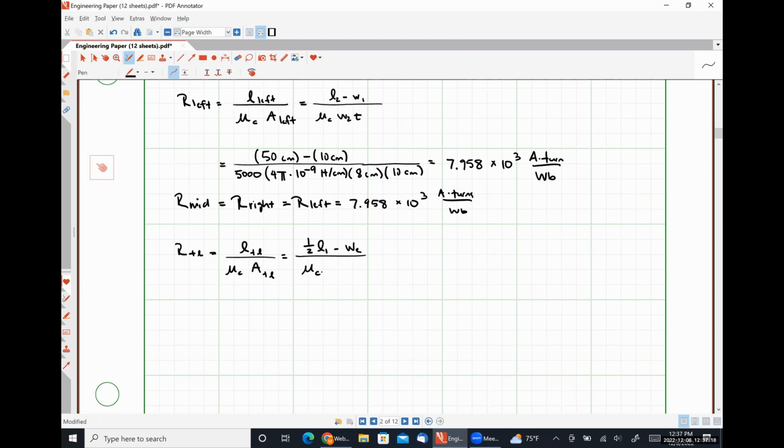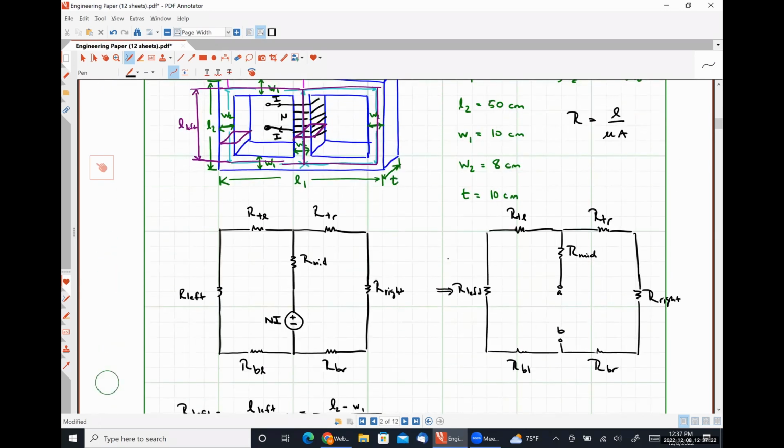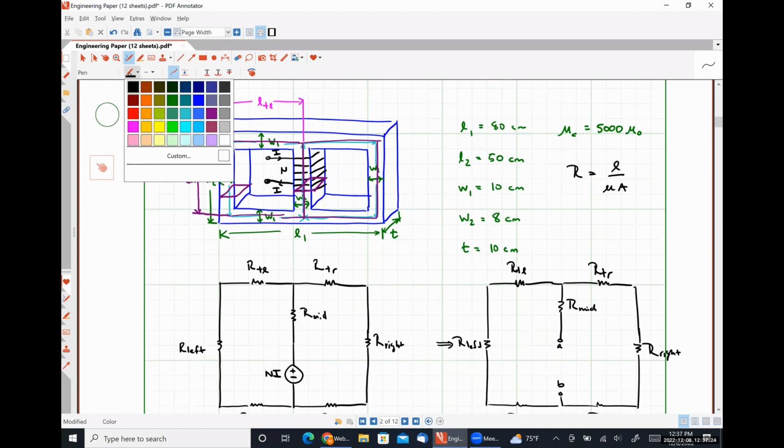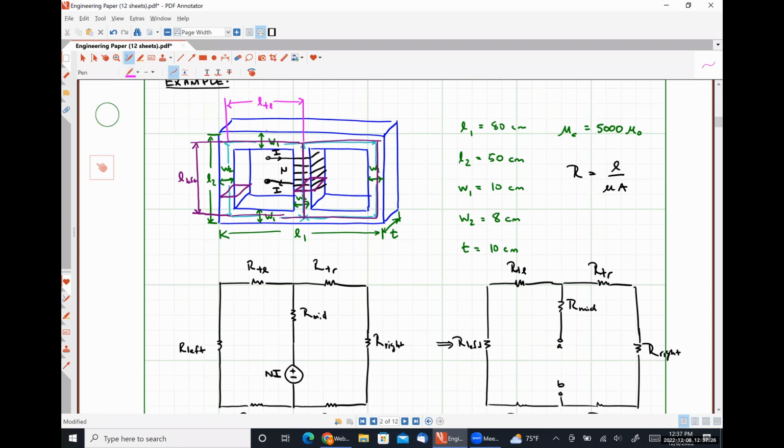Then we have our core permeability, and now we have to find the area that the flux is passing through, which is going to be the area of this pink rectangle here. So it has a width of W1 and a thickness of T. So the area will be W1 times T.